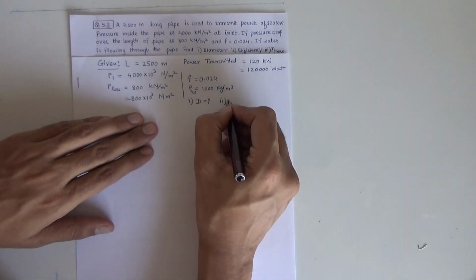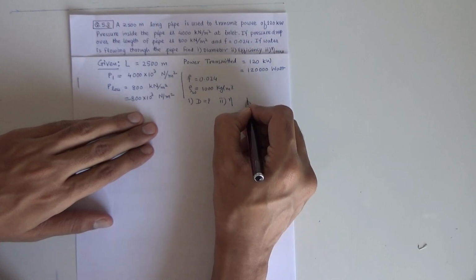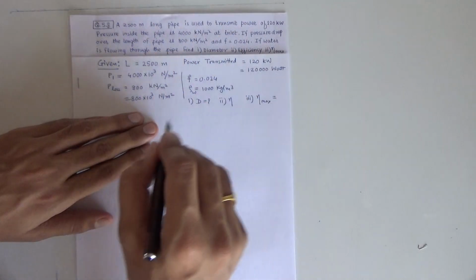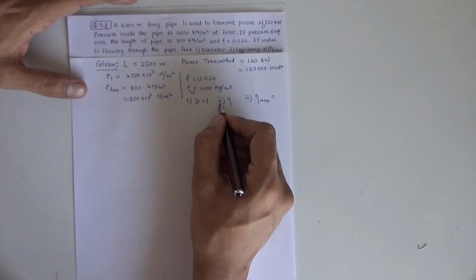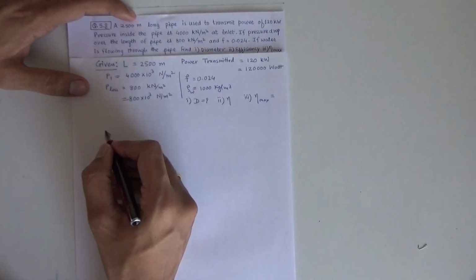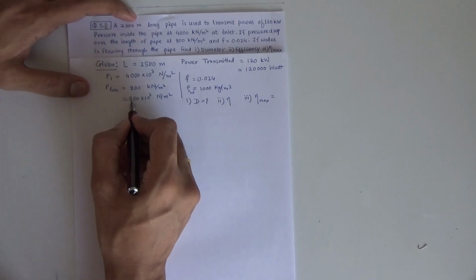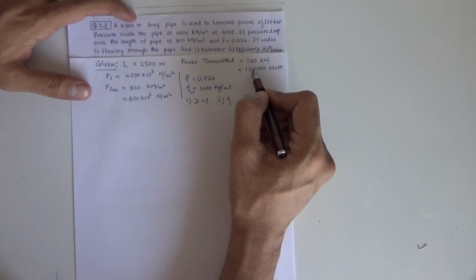Second, the efficiency of power transmission is asked, and third, the maximum efficiency is asked. Now it is clear that the maximum efficiency is 66.67 percent. Just two quantities have to be obtained. Now to obtain the diameter, you must be clear with the discharge first, because you have the H loss but you don't have the discharge. So for that discharge you will use this power transmitted.